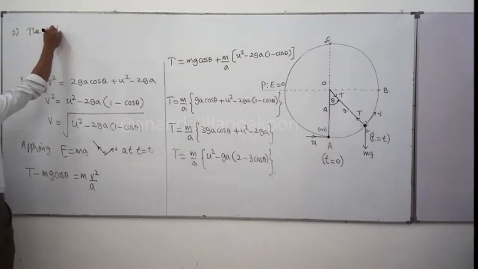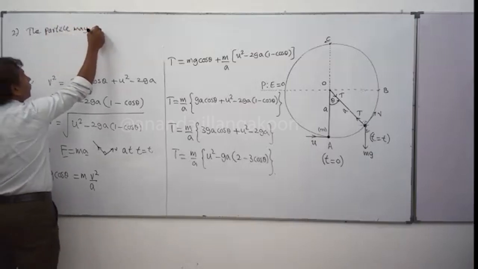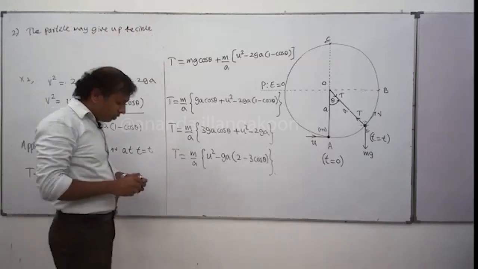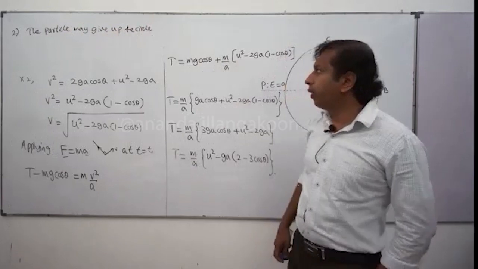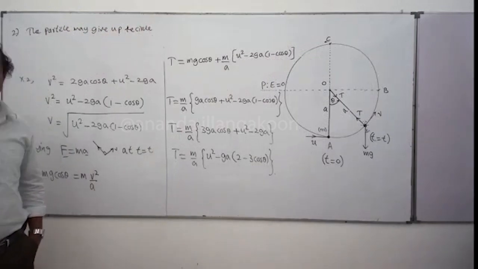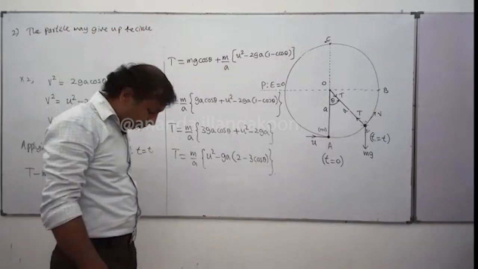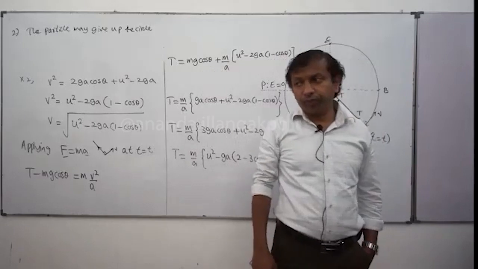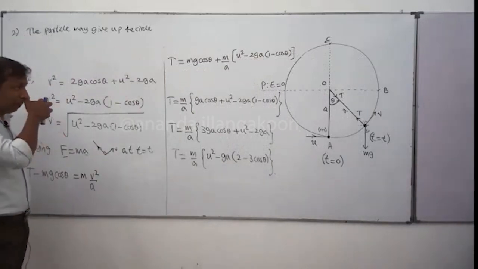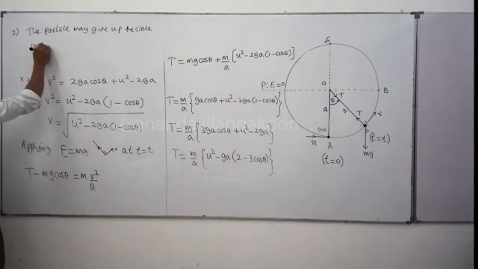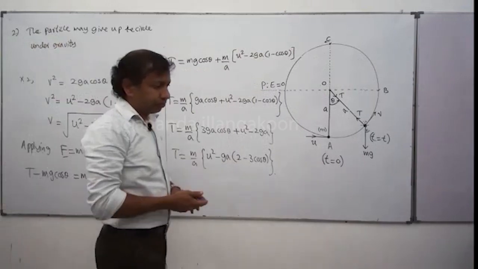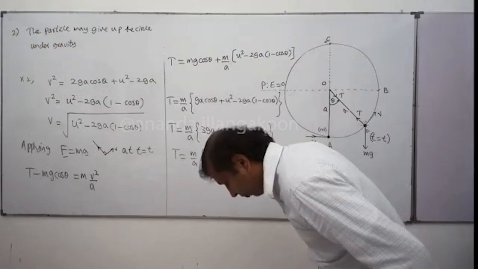The particle may give up the circle and begin to move as a projectile motion under gravity. Right?